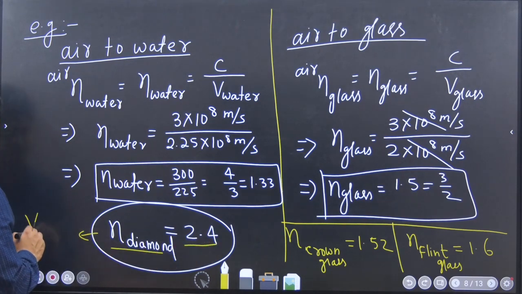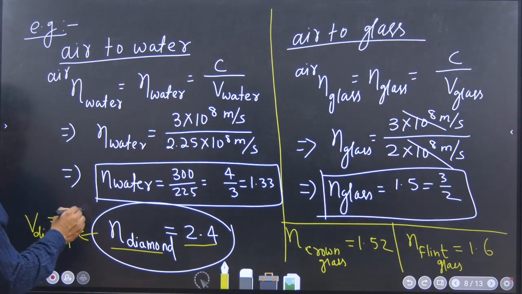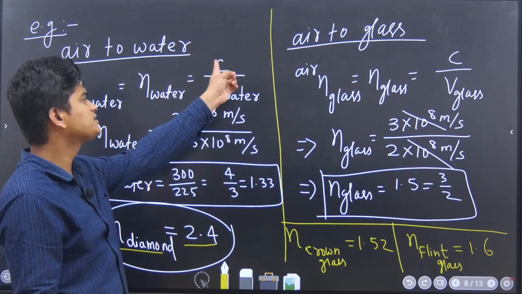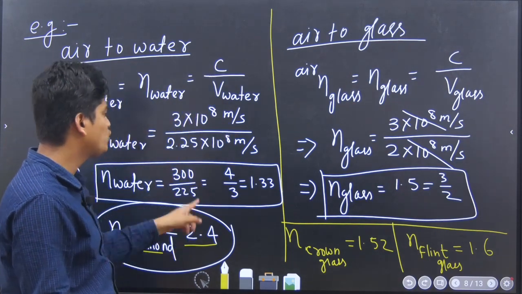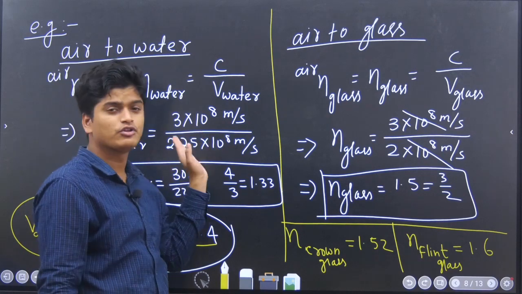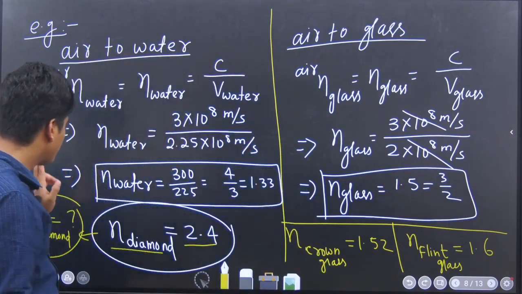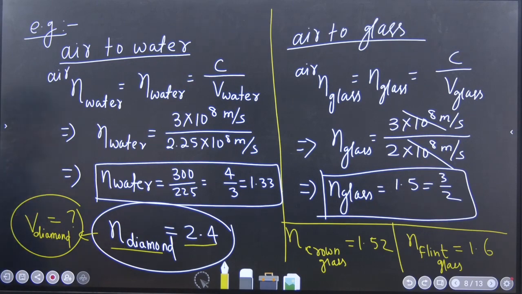Suppose you want to find the velocity of light in the diamond, then easily you can find it. It is nothing but the speed of light, 3 into 10 to the power 8, divided by 2.4. So 3 into 10 to the power 8 by 2.4 is the velocity of light in a diamond, inside the diamond it will go.